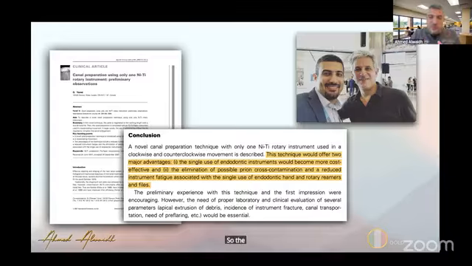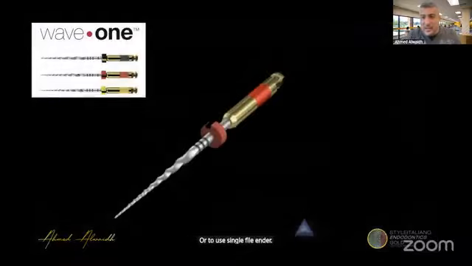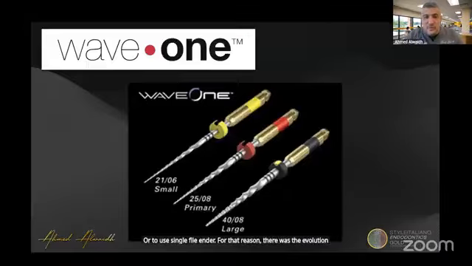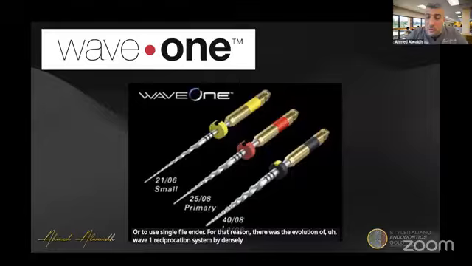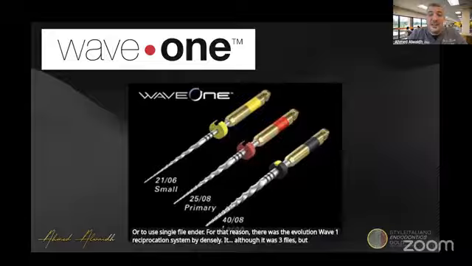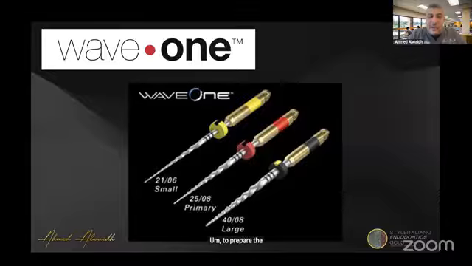So the idea of reciprocation was to make root canal preparation easier, or to use single file endo. For that reason, there was the evolution of the WaveOne reciprocation system by Dentsply. Although it was three files, it was single file endo. You don't use the three files. You use only one file to prepare the canal according to the width of the canal.